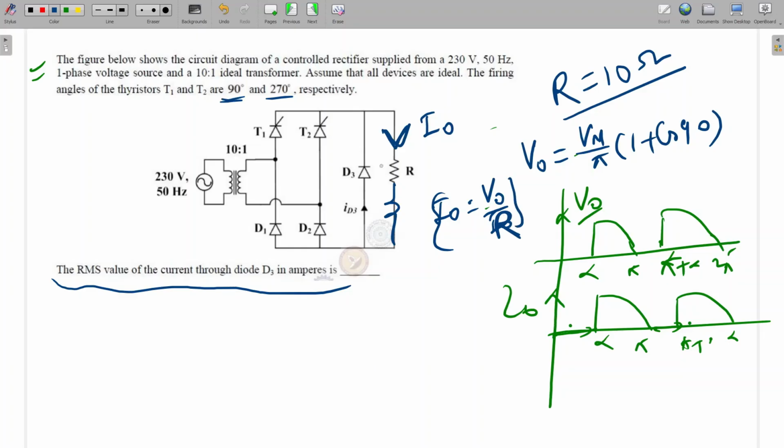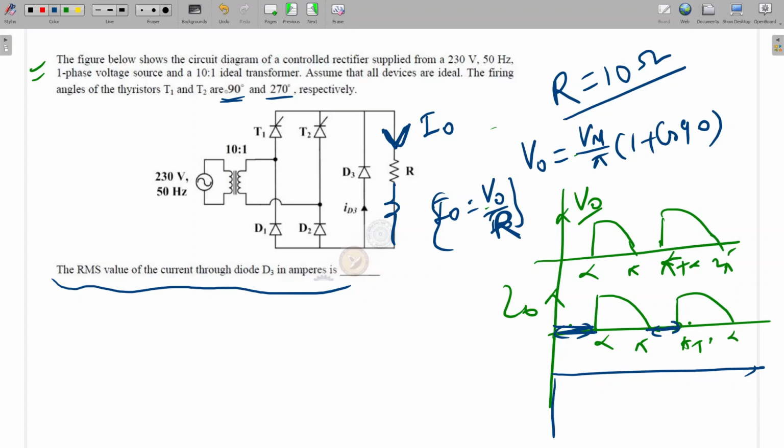Yes, sir. So I naught we have calculated. Now the freewheeling diode will conduct in this portion and this portion. Sir, is that one starting from 90 to 270 degrees? No, sir.